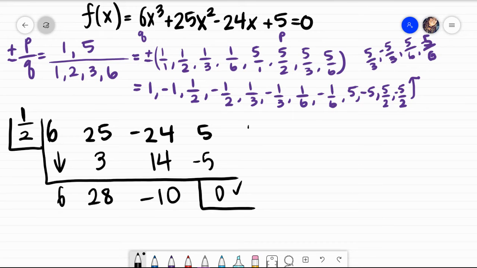Perfect. This tells me that 1/2 is a 0. That is the exact same thing as saying that 2x minus 1 is a factor of this polynomial.